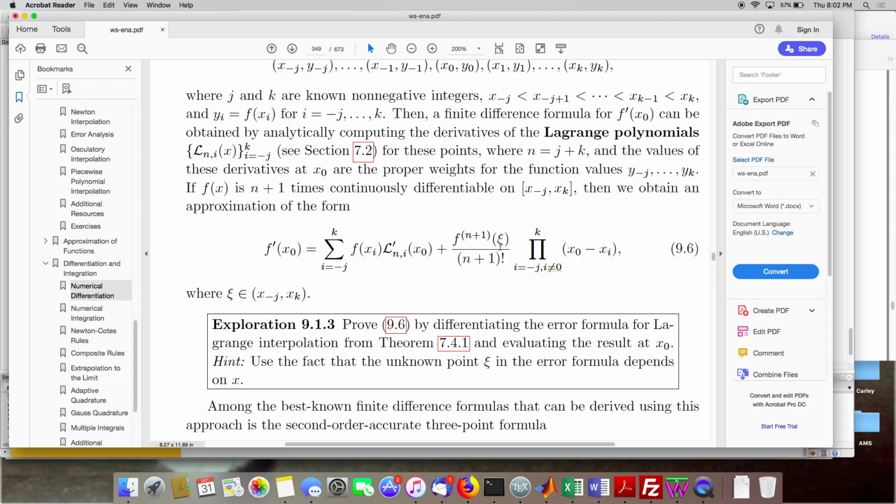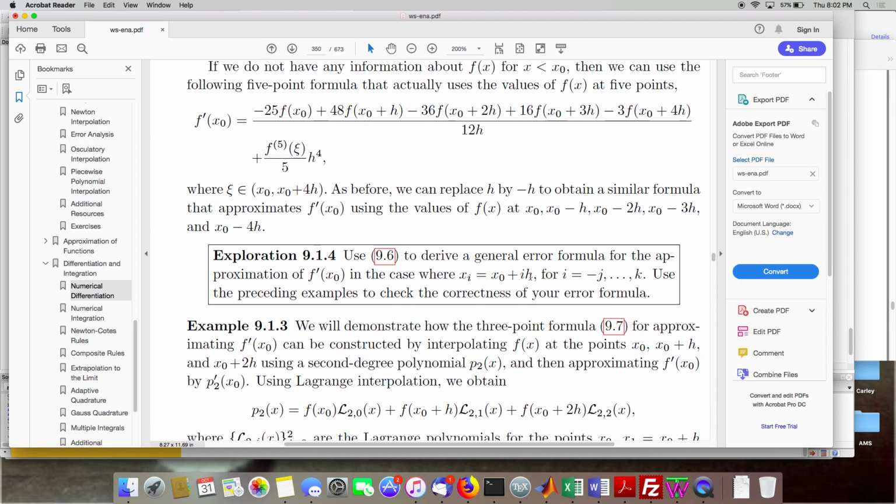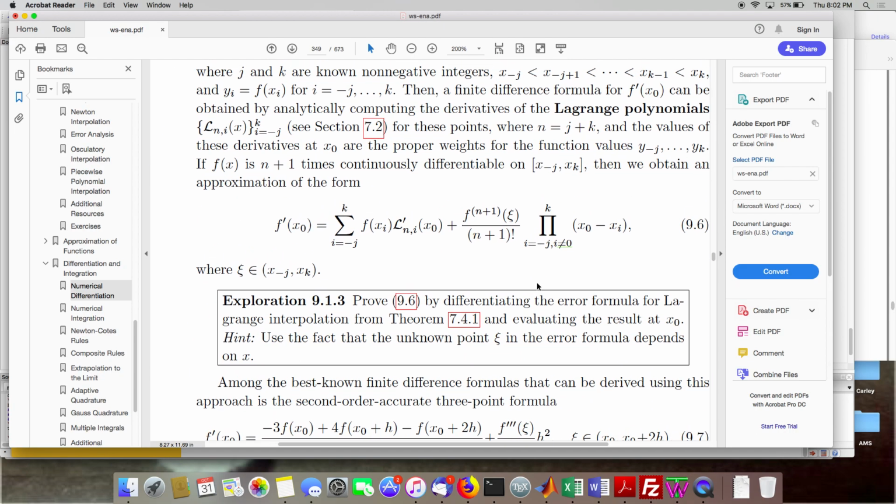Here there's no specific definition given, but in the problem there is. So what that means is all the indices from minus j up to minus 1, 0, 1, 2, up to k. Every integer in between. And that allows you to fill in the definition of x_i in here.